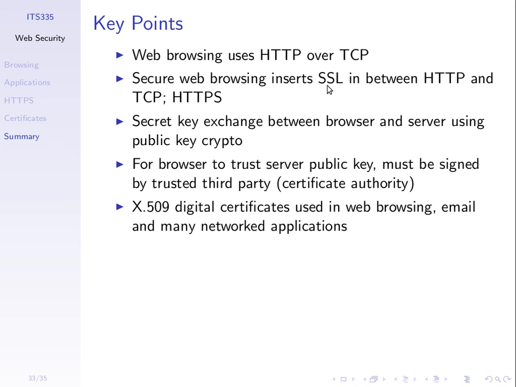And that supports setting up a secure exchange or secure communications between browser and server. And the way for the browser to get the public key of the server, and therefore exchange a secret and to trust that it's communicating with the correct server, is using digital certificates, which we've just gone through.